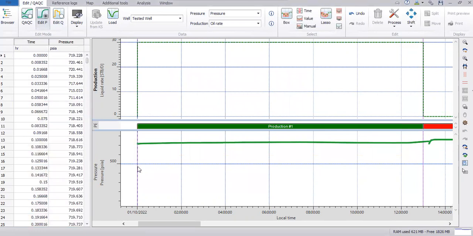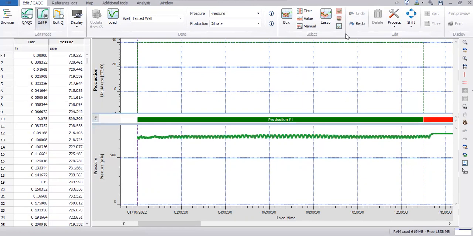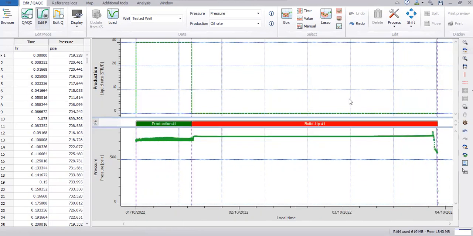Hmm. But it's like there is no flowing pressure. It's almost like, you know, the build-up pressure. So I will undo. Hmm. It's quite tricky.